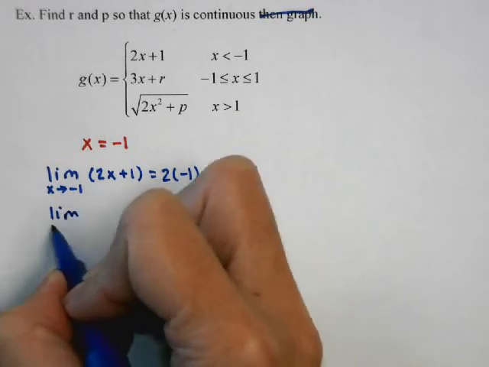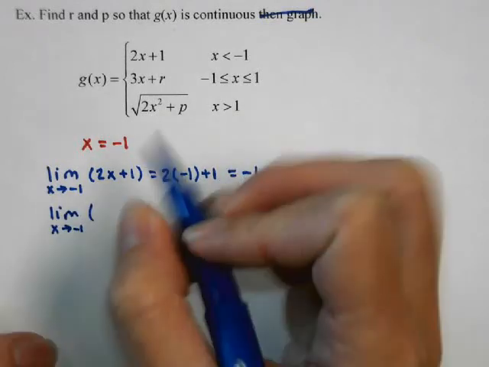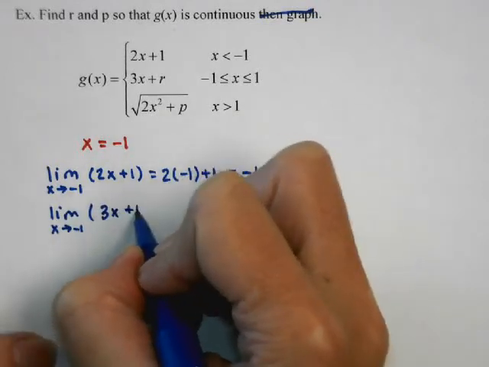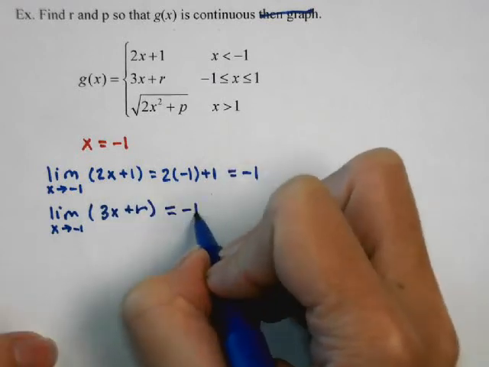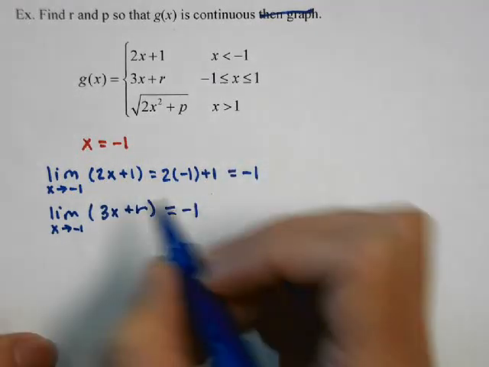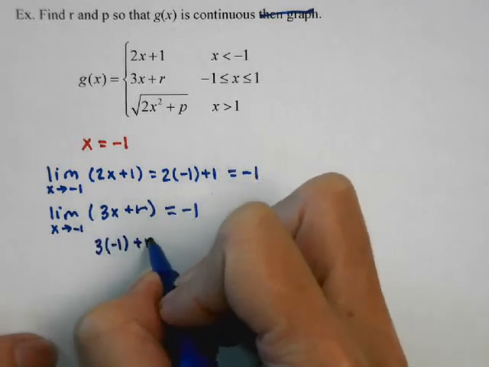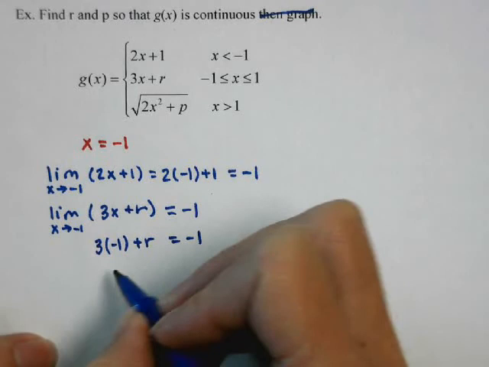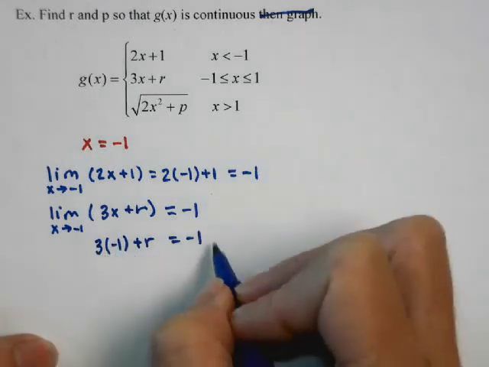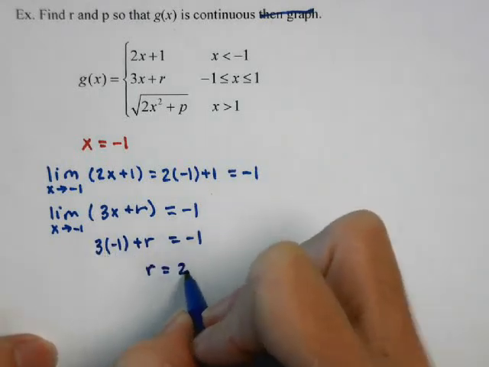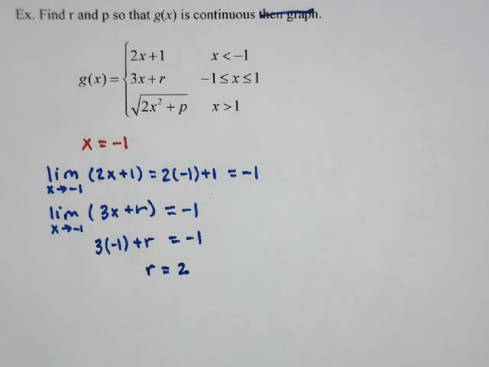So I need the limit as x goes to -1 of 3x plus r to also equal -1. So I'll plug -1 in for x. So we have a -3, we're going to add 3, so r is going to be 2. So that's our first value.